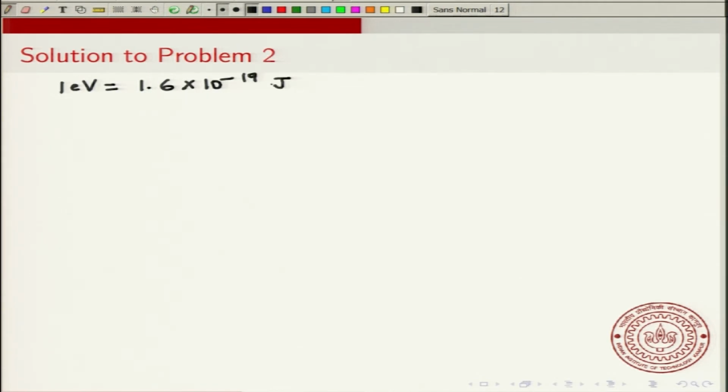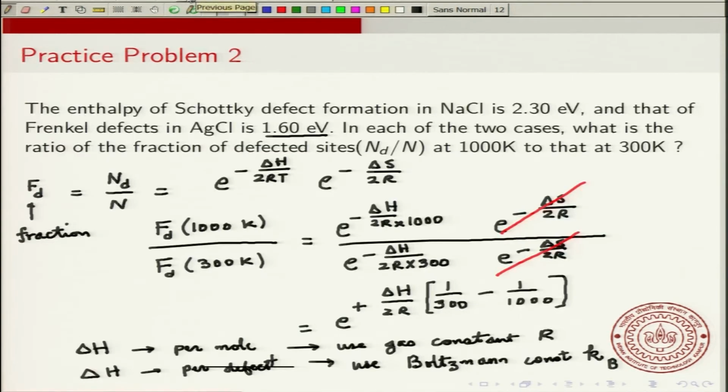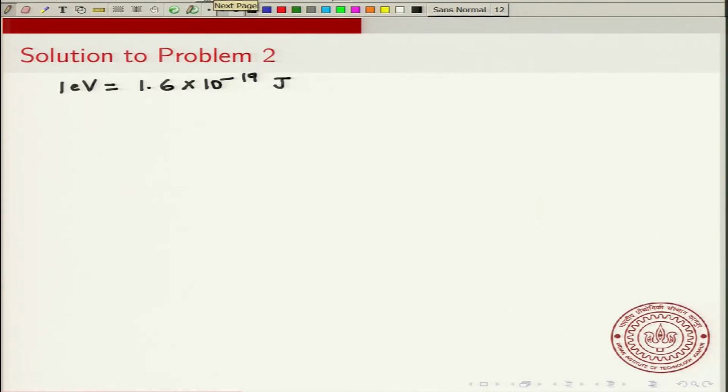Clearly this corresponds to the formation of one single defect, so you have to use Boltzmann constant. Now, let us calculate this ratio. Let us calculate delta H divided by 2 Kb.